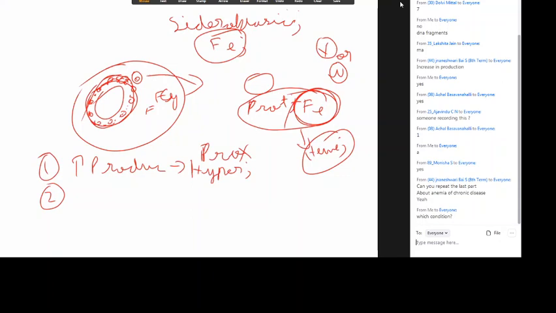Yes or no? If I have more production, will I be seeing more sideroblasts? And if I have anemia, let's say very little production, hypoplastic marrow, hypoproliferative marrow, will I be seeing more or less sideroblasts?